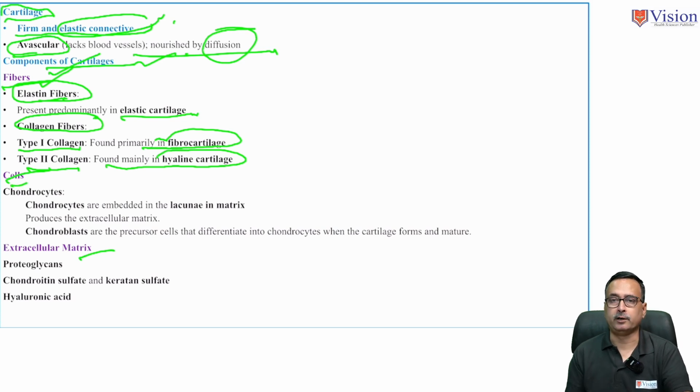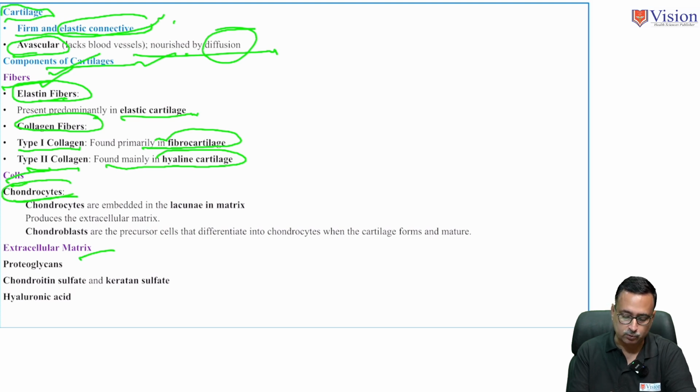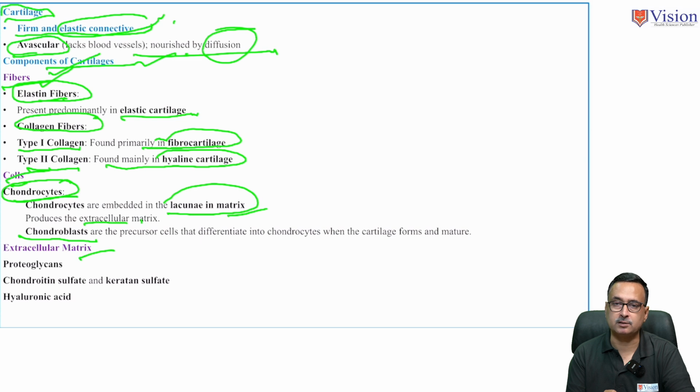The second component is cells. Cells in a cartilage are chondrocytes, which are matured cells, and these are found inside lacunae. Lacuna is a space in matrix which contains chondrocytes. And another are chondroblasts. These are the precursors of chondrocytes.